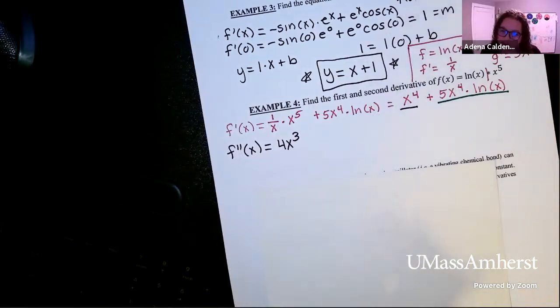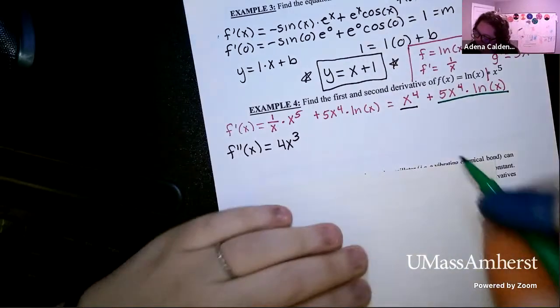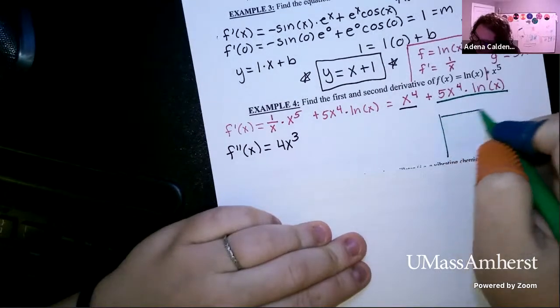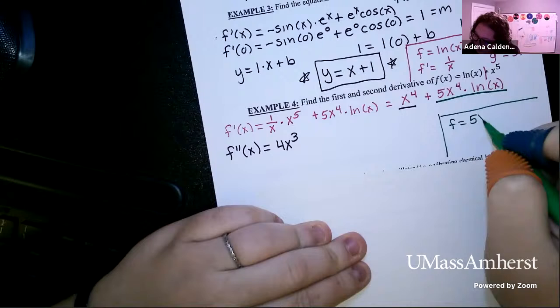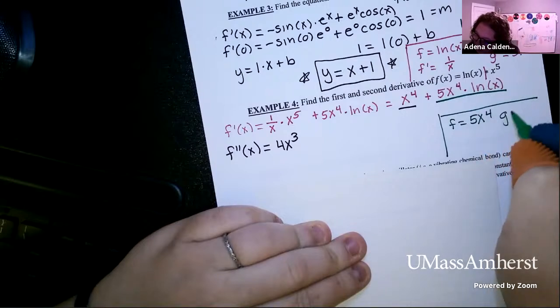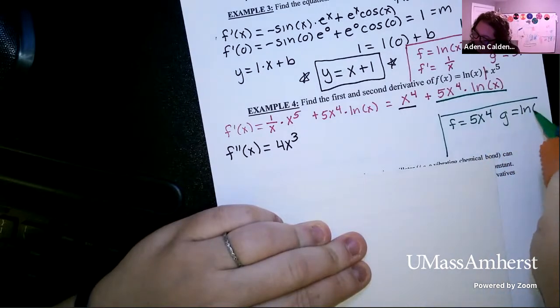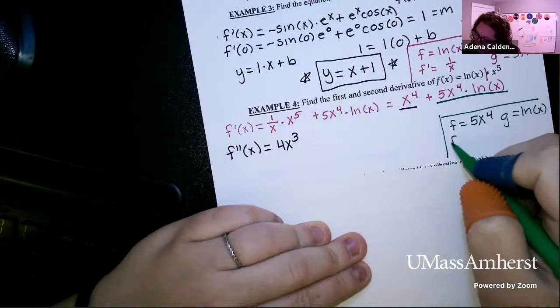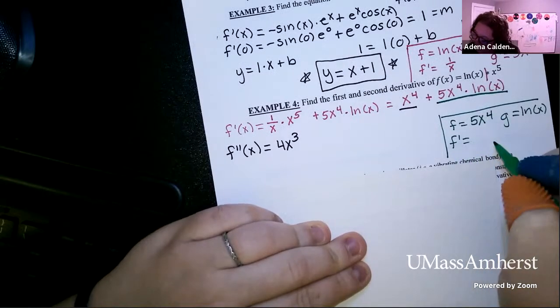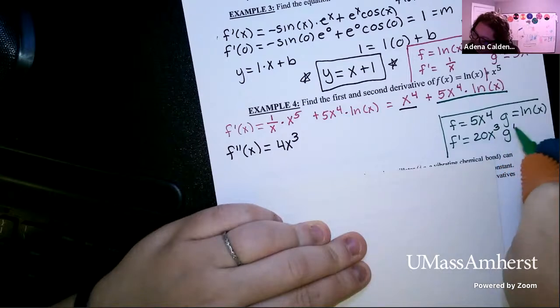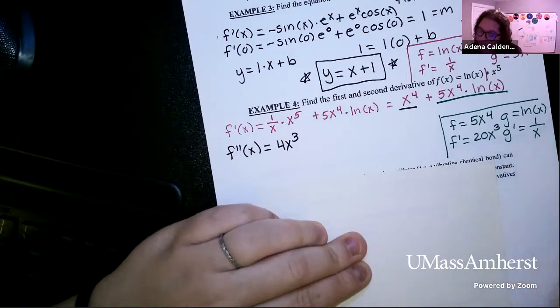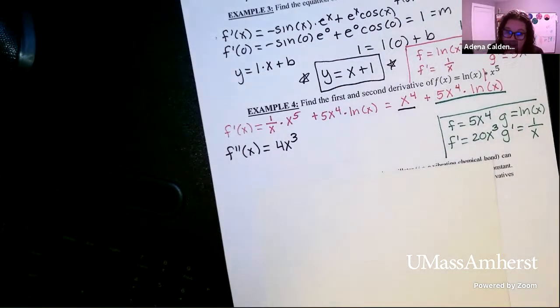I need to use a product rule because I have two things multiplied together. So say, okay, well, my first function is my f, so 5x to the 4th. The second function is my g, that's the ln x. The derivative of 5x to the 4th is 20x cubed. Derivative of ln x is 1 over x, right?